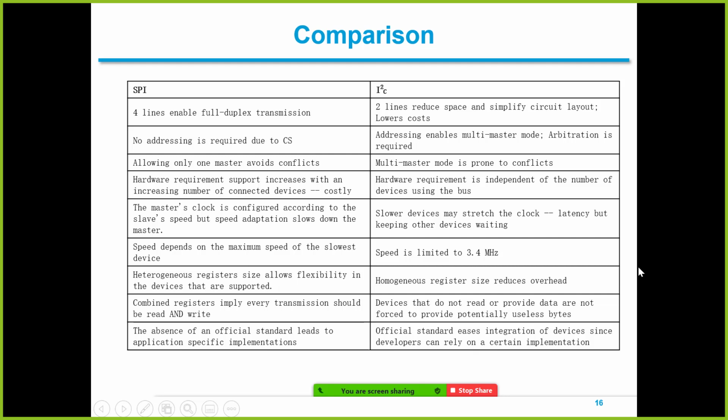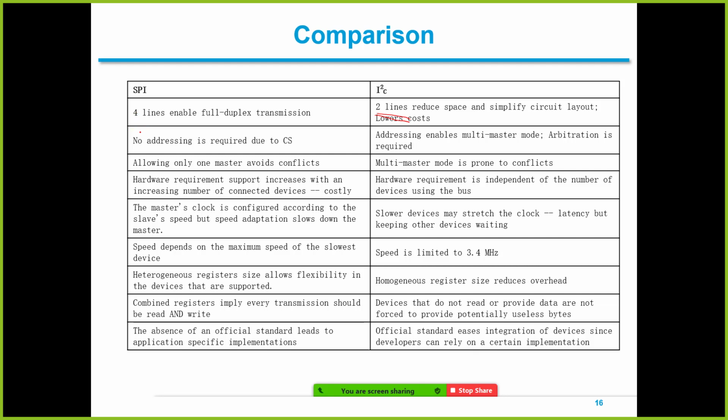And let's summarize and compare these two serial communication interfaces. SPI has 4 lines and enables full duplex transmission, but I2C has 2 lines. For SPI we have MOSI, MISO, and also the clock signal.